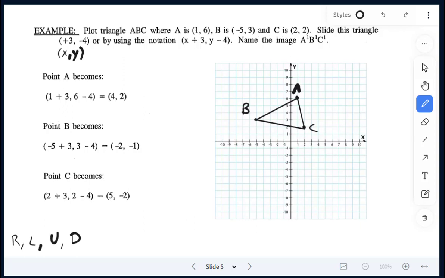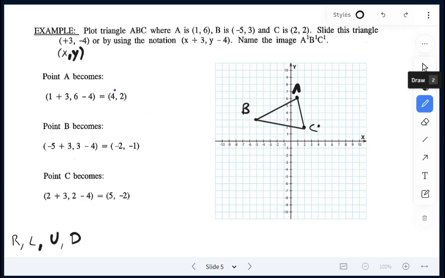So there's a couple ways you can do this. First method is you can just slide each point positive 3. So that means 3 to the right, 1, 2, 3, and then negative 4 means down 4, so 1, 2, 3, 4. So that's where our new point will be. And you can double check that just by adding 3 to your x point and subtracting 4 from the y point.